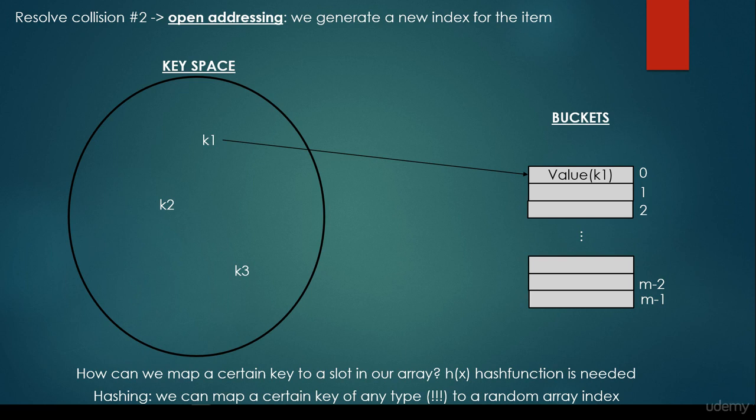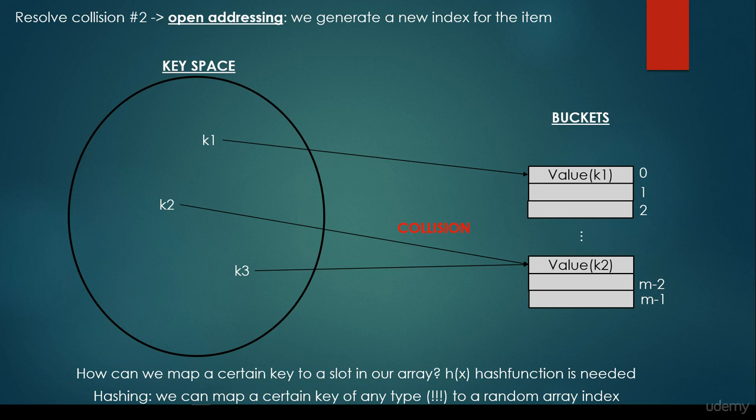So for example, the key 1 is going to be mapped to the array index 0. Okay, what about the key 2? The key 2 is going to map to the array index m-3. Okay, the key 3 is going to be mapped to the same index, so the array index m-3, which means that there's a collision. We would like to store two values in the same array index.